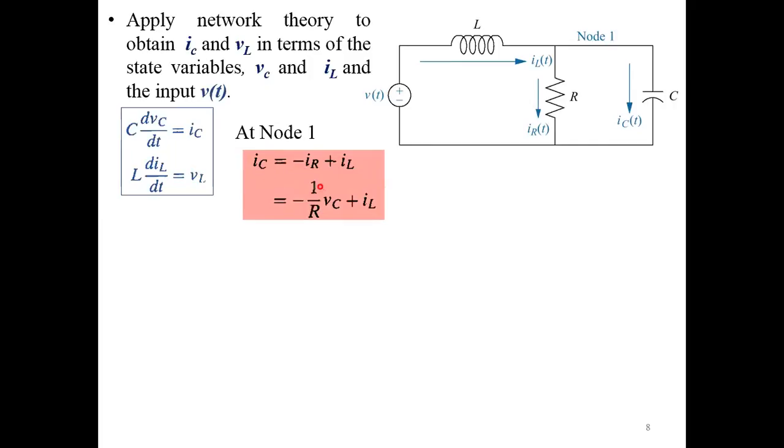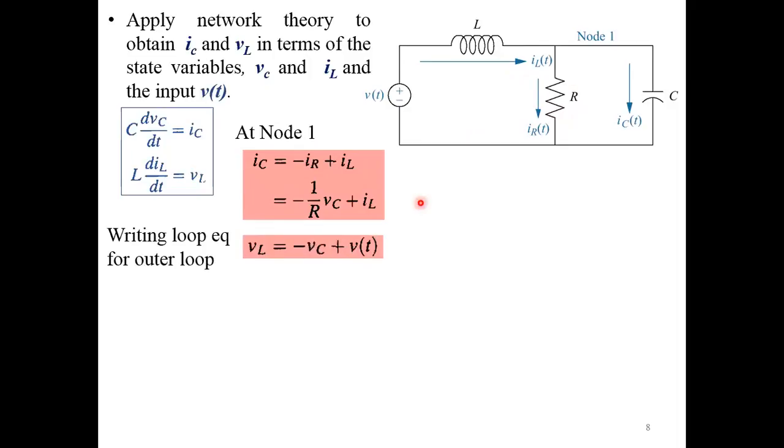So entering the value of IR, because this is equal to VC over R. Writing the loop equation for the outer loop, we get the input will be equal to the voltage across this inductor plus the voltage across this capacitor.